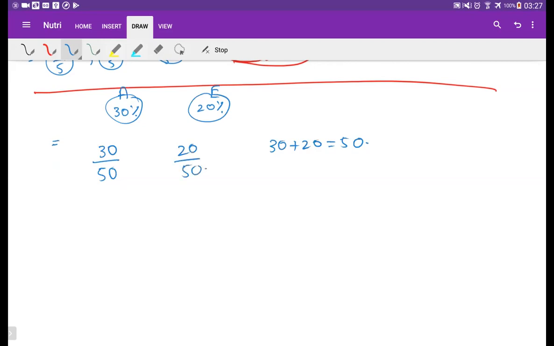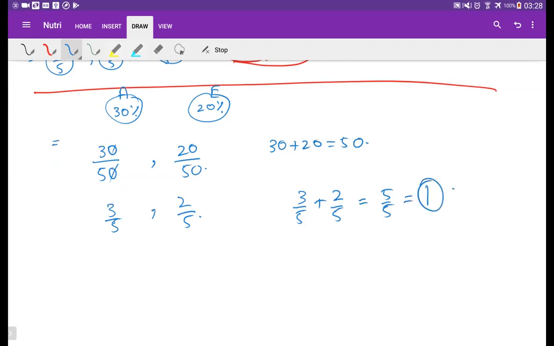All right, so how much is it? It becomes 3 by 5, the 0 is gone, and it becomes 2 by 5. You understand now? You can see that 3 by 5 plus 2 by 5 equals 5 by 5, which is exactly 1. So now this sum is 1.